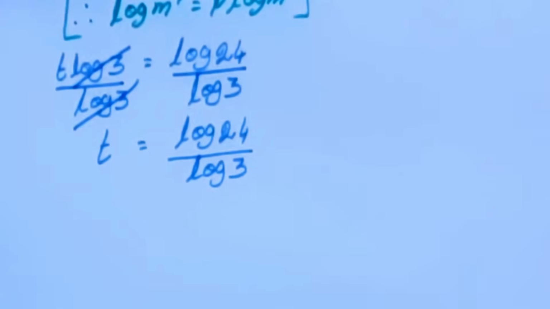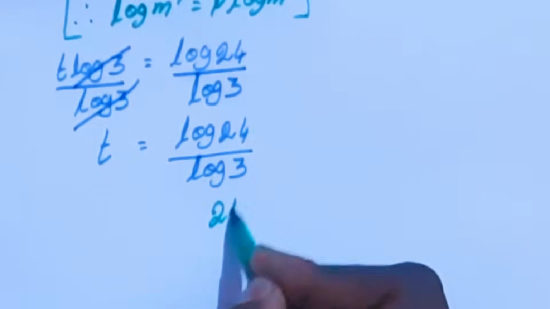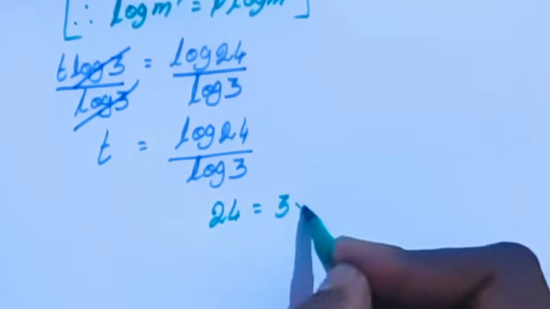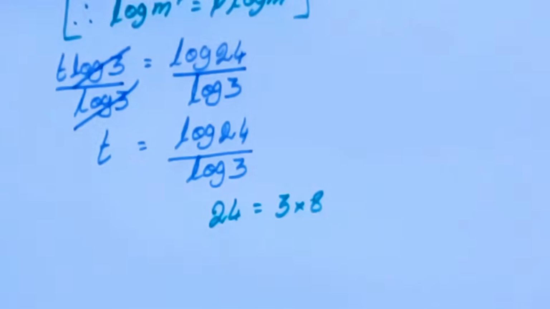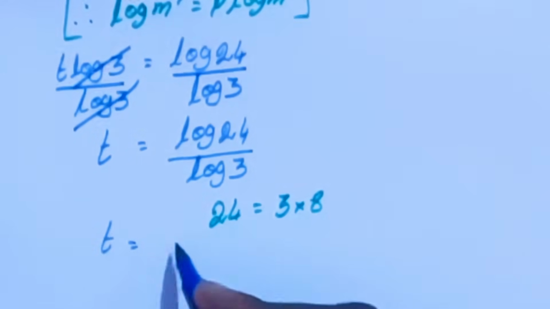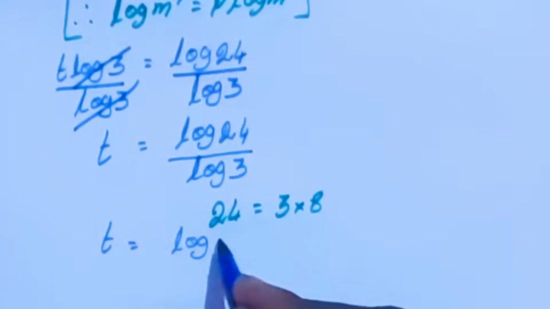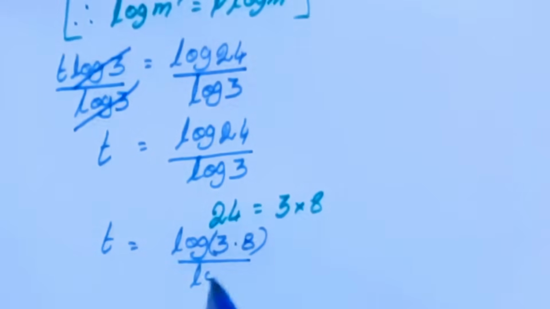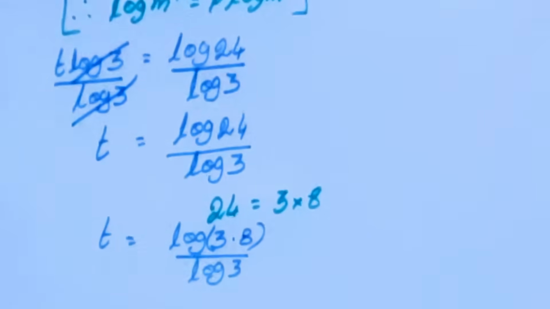Now this 24 can be written as 3 times of 8. So t equal to log 3 times 8 by log 3.